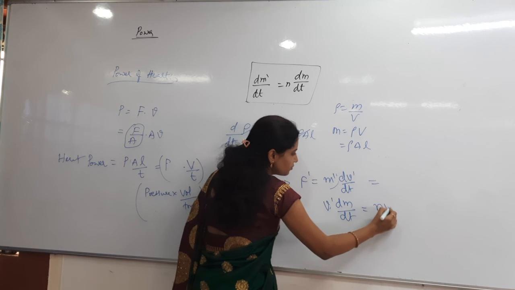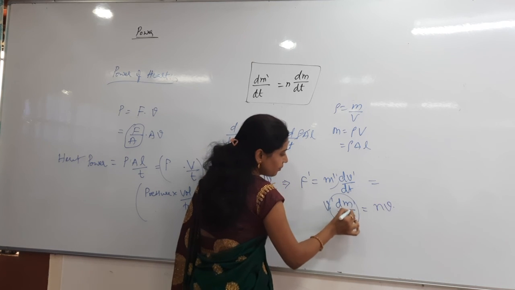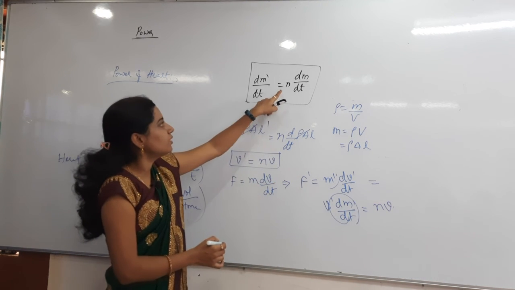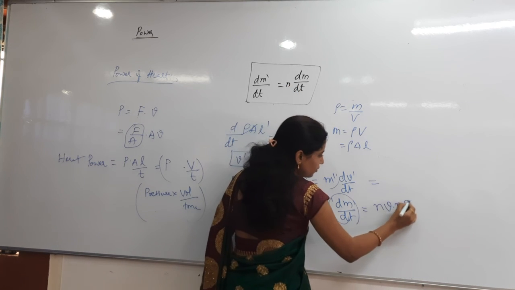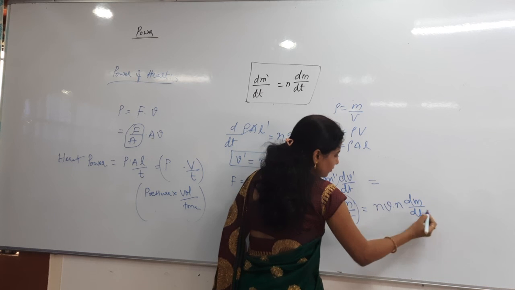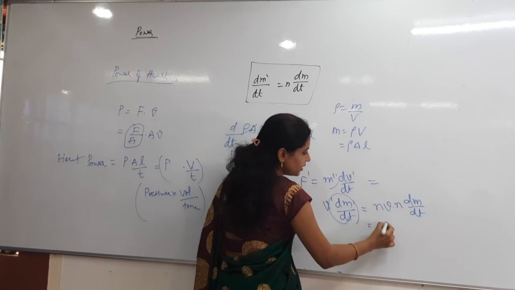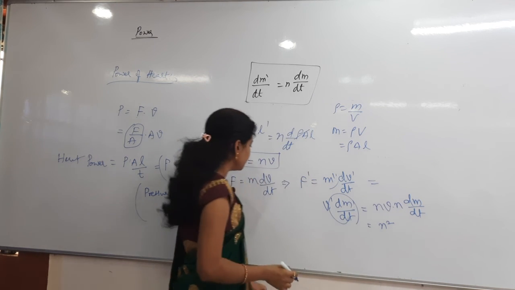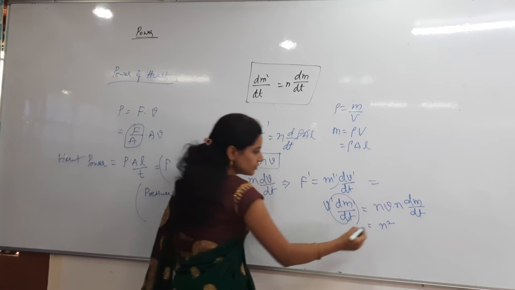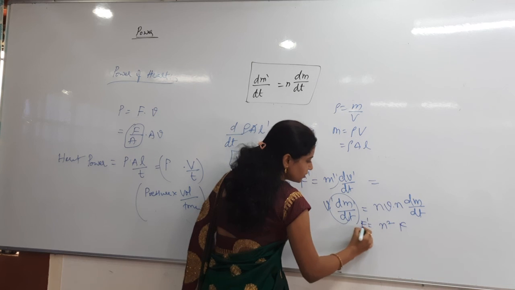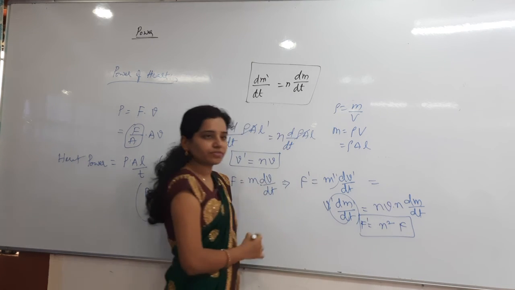And dm dash by dt is nothing but n times of dm by dt. So n into dm by dt. Again here n into n will be how much? N square. V dm by dt is what? F only. So F dash is equal to n square times of F.